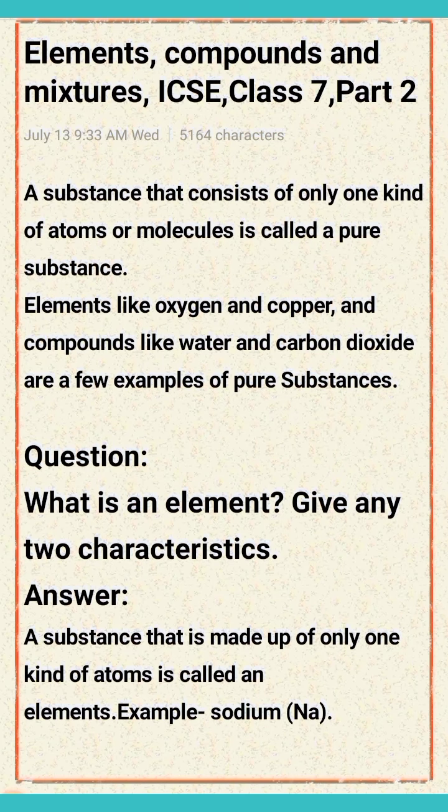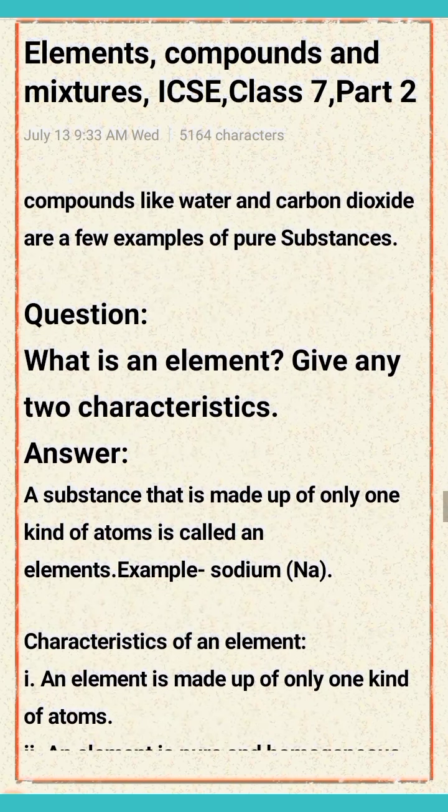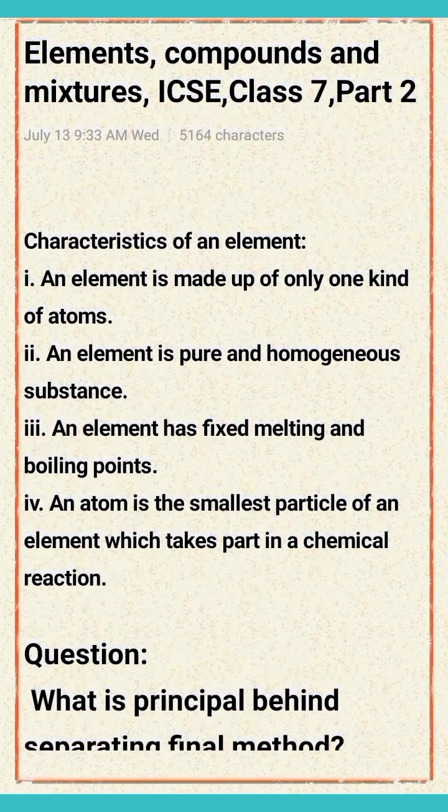Next question, what is an element? Give any two characteristics. A substance that is made of only one kind of atom is called an element. For example, sodium, Na. Characteristics of an element. Point number one, an element is made up of only one kind of atom.